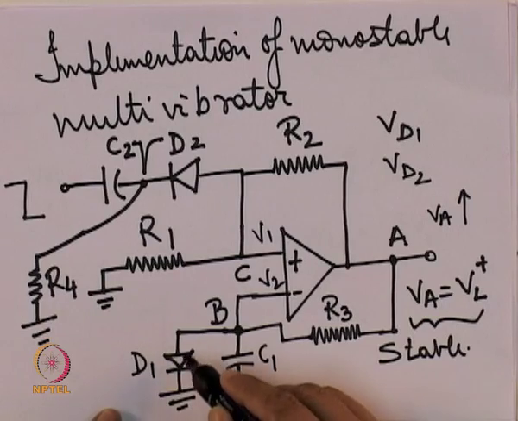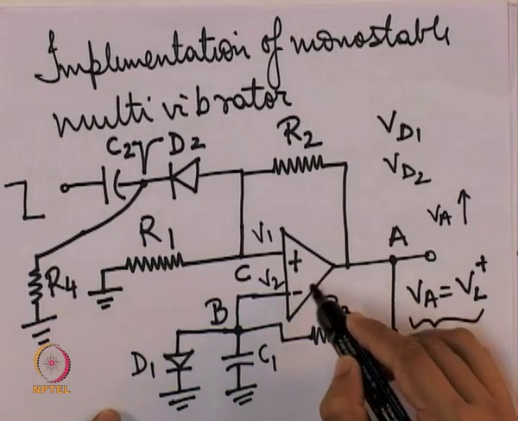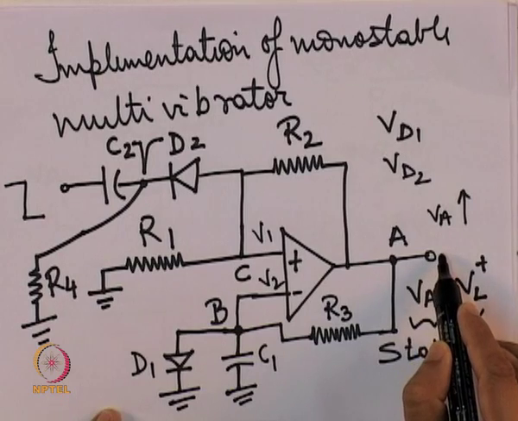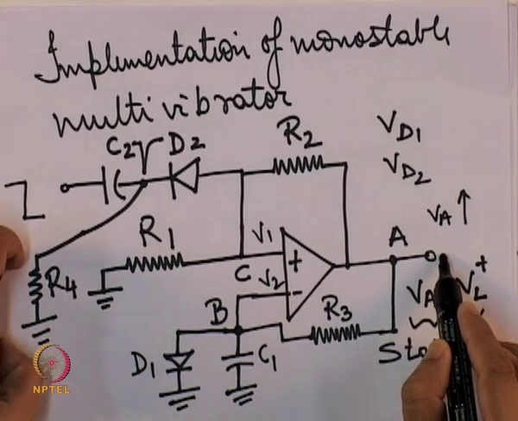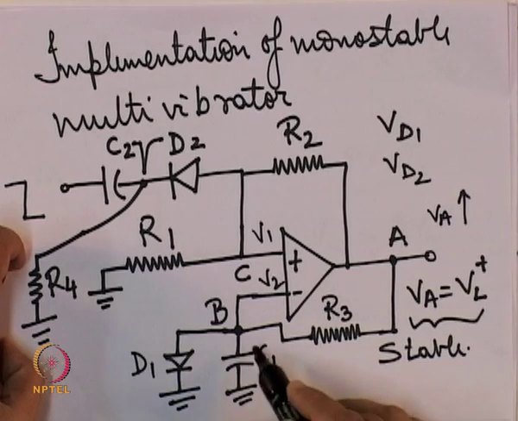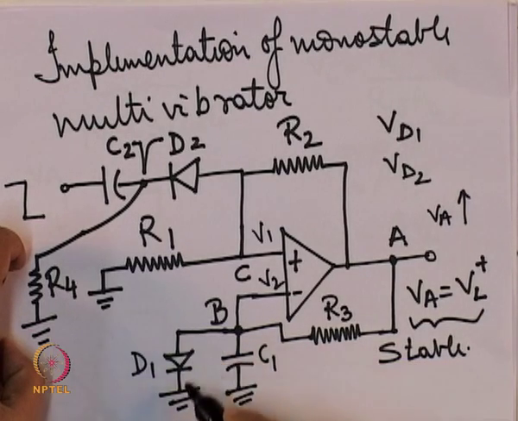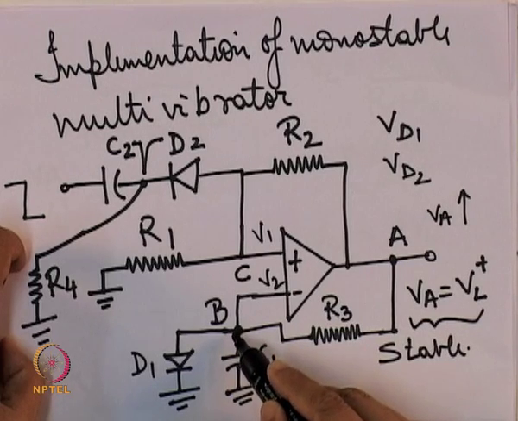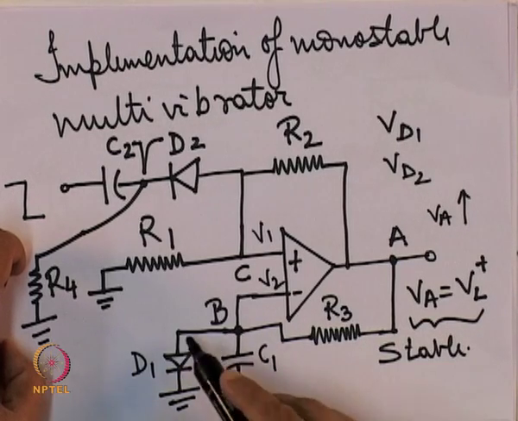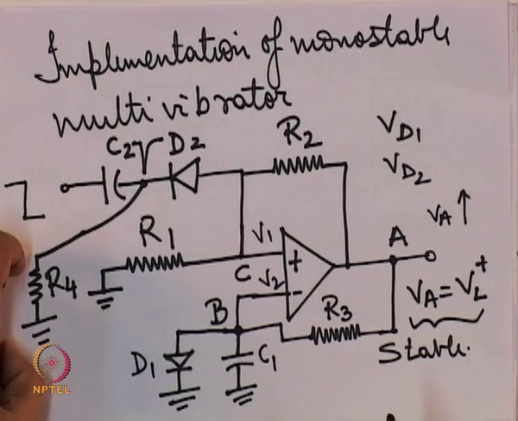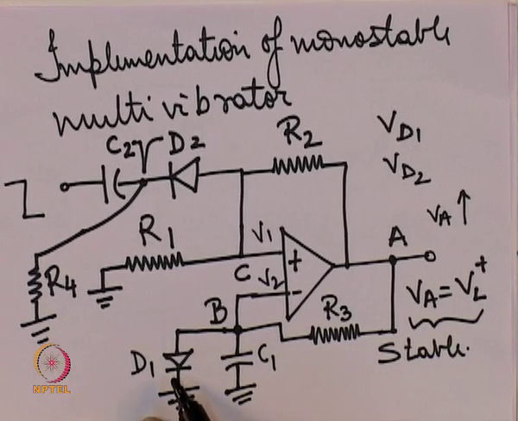Because if VA is equal to VL plus, then the only voltage drop present between point B and ground is the voltage drop across the diode, that is the threshold voltage of D1.